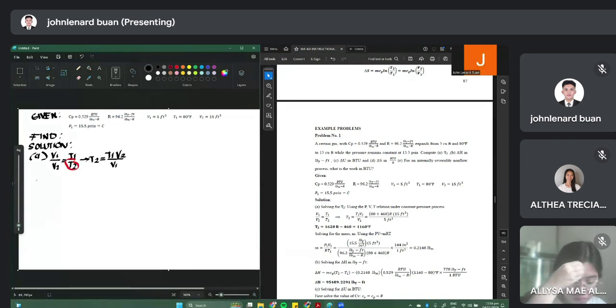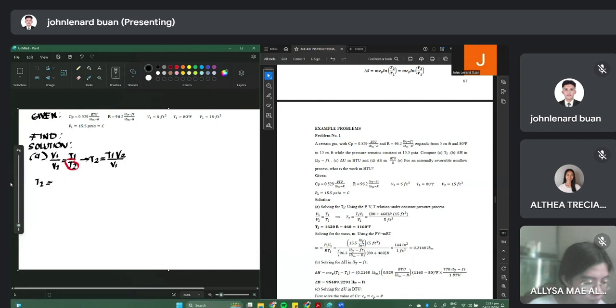So T2, therefore, is equal to, oh, by the way, walang sinabi kung ano ang pinapahanap. Again, ang gagamitin niyo kapag nagso-solve is absolute temperature. Pero pwede po maging sagot ay hindi naka-absolute temperature. Therefore, katulad po ng case na 'to, mamiminus niyo ng 460. Walang sinabi, but tatandaan niyo, kapag walang sinabi, titingnan niyo yung given.